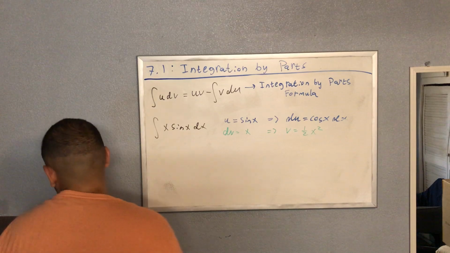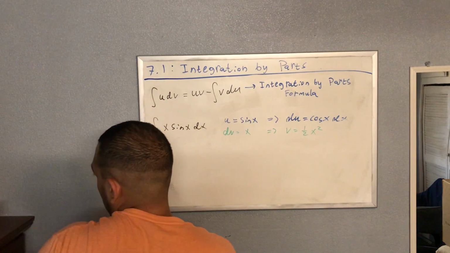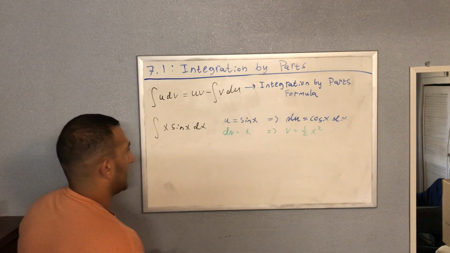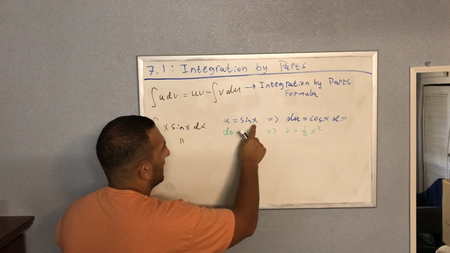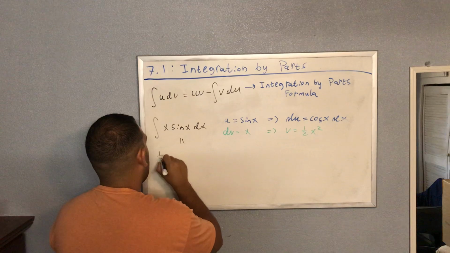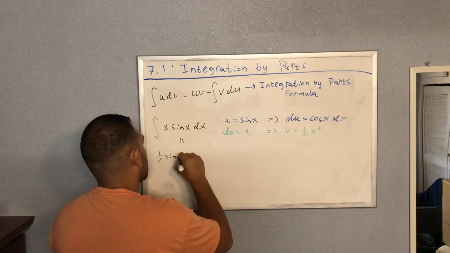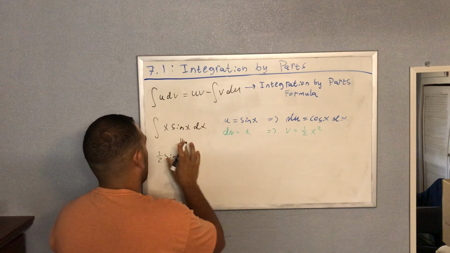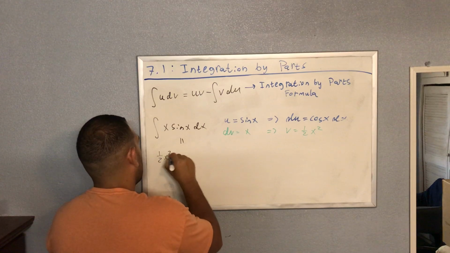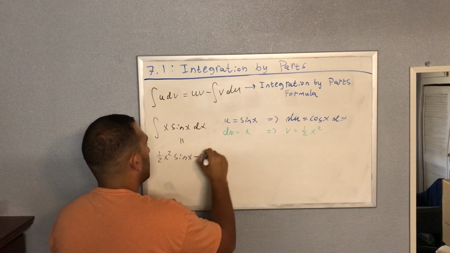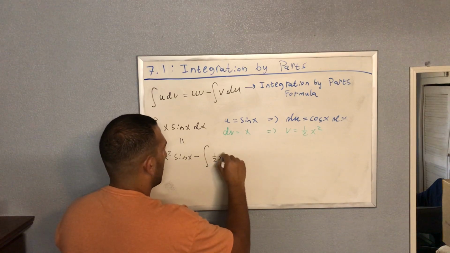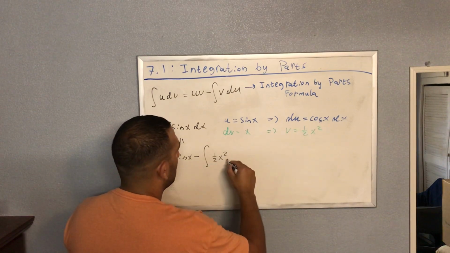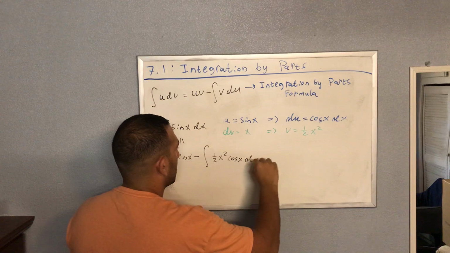So now let's see what the integration by parts formula would give us. It's not wrong, it just may be really hard to deal with this outcome. So we get u times v, so 1/2 x squared sine x, minus now the integral of v, 1/2 x squared, du though is cosine x dx.